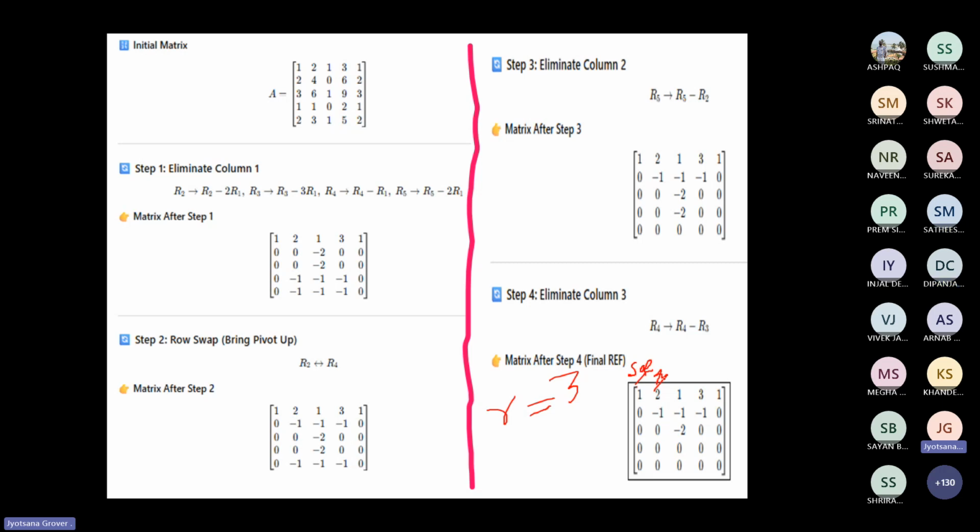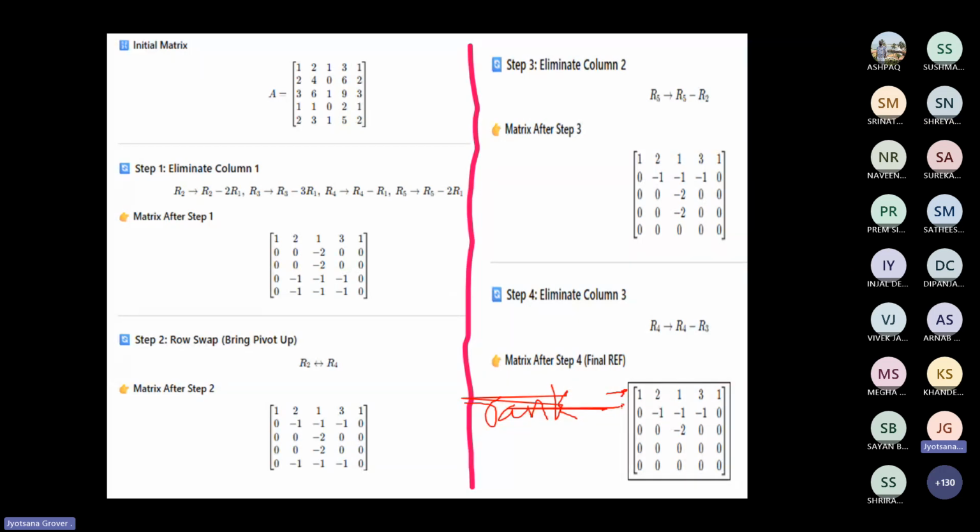Ma'am, what does it mean that the rank is equal to 3? Rank is the number of non-zero rows. Rank also tells you the number of linearly independent columns.